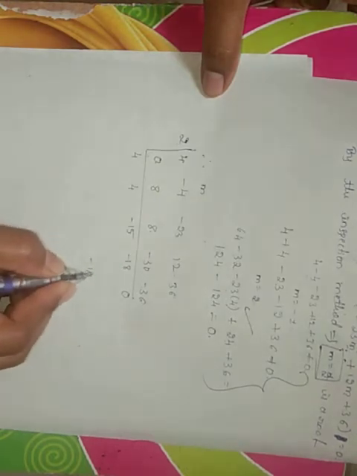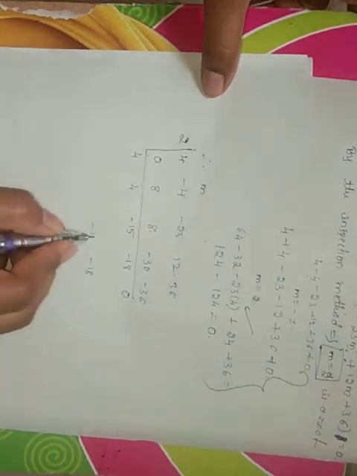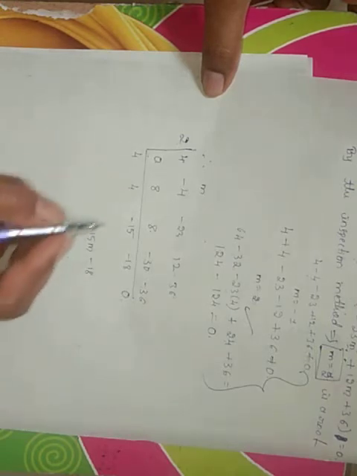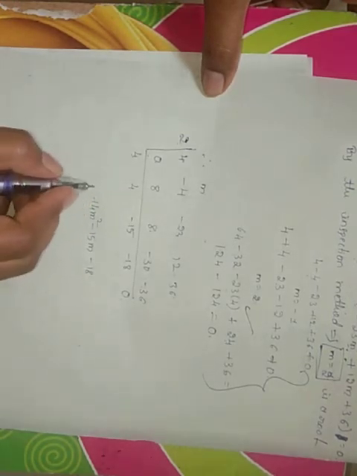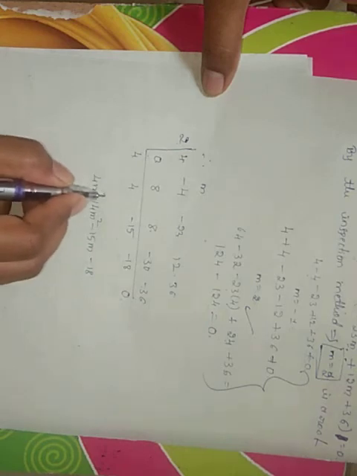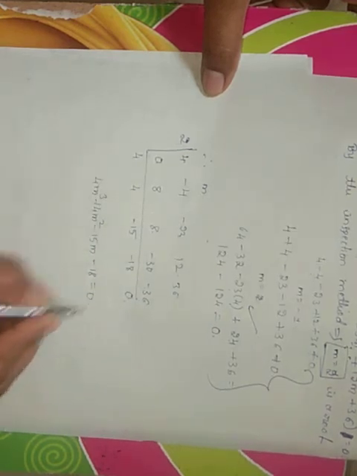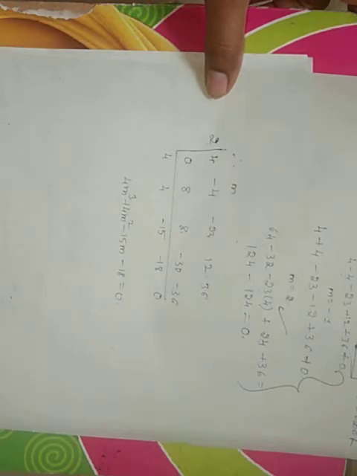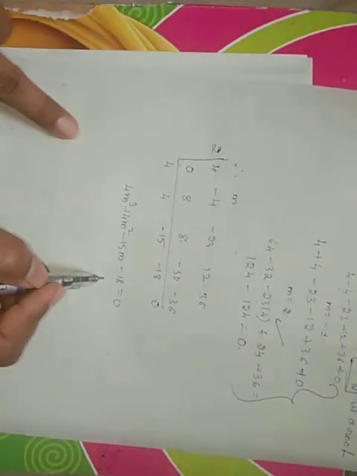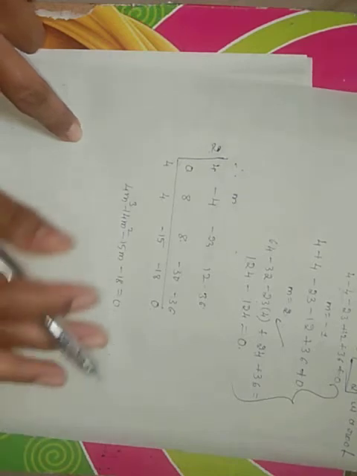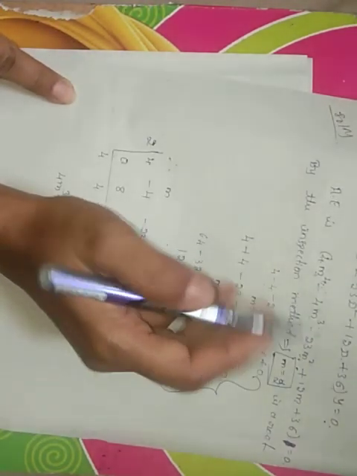Constant, coefficient of m, coefficient of m square, coefficient of m cube is equal to 0. So again this is the equation which is not solved by any factorization. So again the procedure is going to repeat.